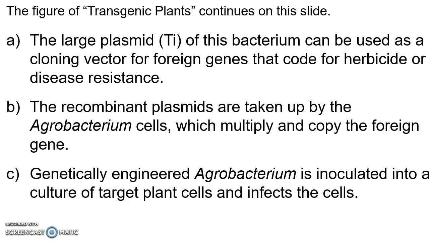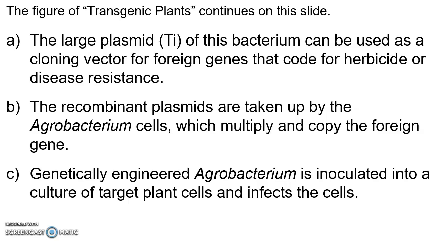scientists have figured out a way to manipulate that large plasmid and use it as a cloning vector for foreign genes that can make plants have herbicide or disease resistance. Most of this technology has been geared toward important agricultural crops, giving them herbicide resistance and disease resistance.